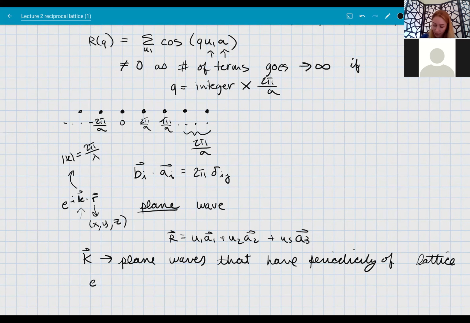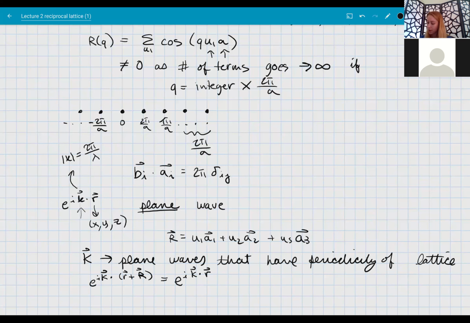So let's say we have e to the i k dotted with r plus R. Okay, so lowercase r is any coordinate in real space, and uppercase R is some direct lattice vector. So because the R vector is defined as a translation operation, which leaves the lattice invariant, then this has to be equal to e to the i k dot r.